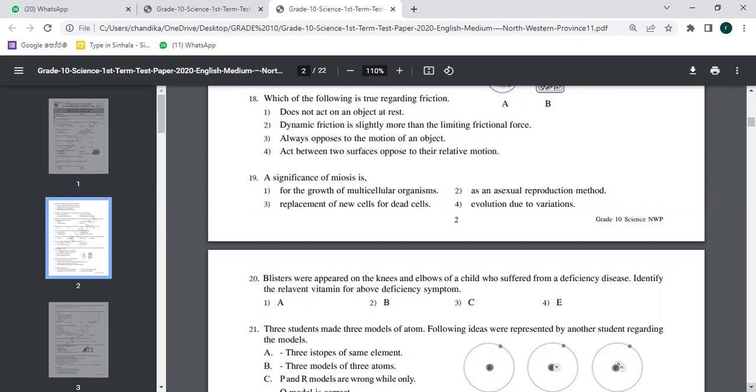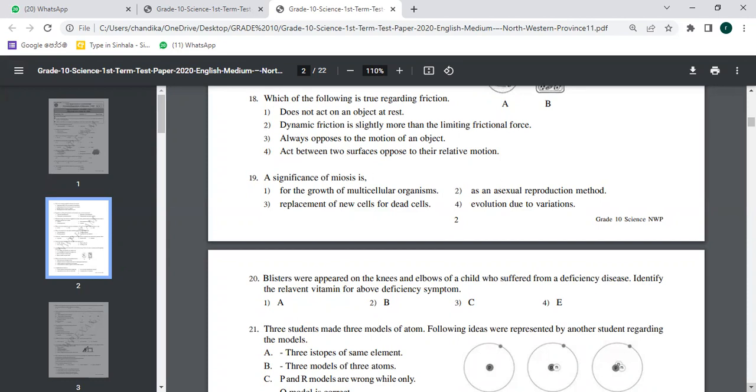Is there anybody else who has a different answer? Now you said the last one, no? Who said the last one? Senari, sir. Acts between two surfaces opposed to their relative motion. That is true, however. How about the third answer?